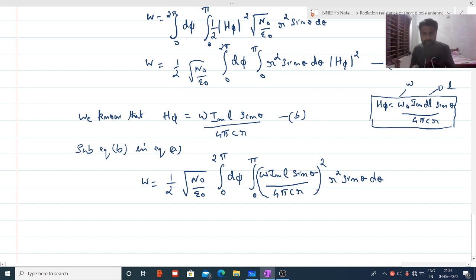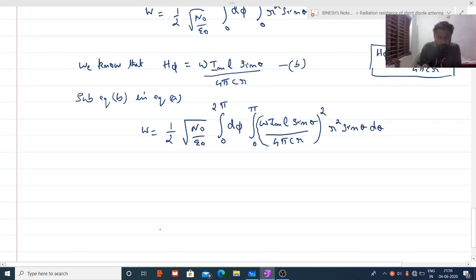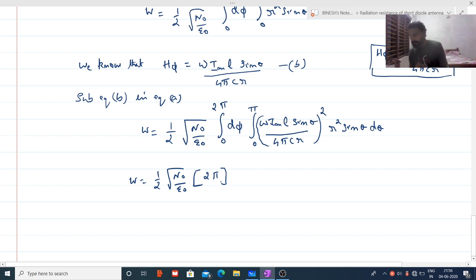Instead of H phi, I have written omega Im L sine theta by 4 pi C into R, the whole square. So I can rewrite it as W, the power radiated. W is nothing but 1 by 2 root of mu naught by epsilon naught. This integral of d phi I can write as 2 pi minus 0, that is 2 pi, into integral 0 to pi.